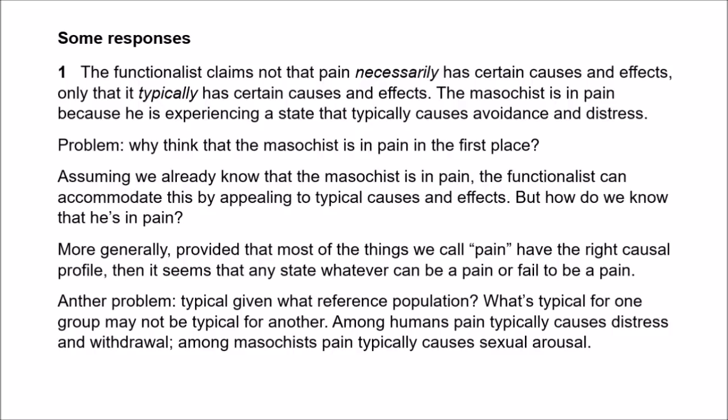The original point of functionalism was that the same mental state can have many different physical realizers. So, a human, a robot, an octopus, and so on can all experience pains. But then the causal profile of pain, as we've noted, is different in humans and other species. So it's not really clear that the appeal to typical causes and effects solves the functional multiple realizability problem.